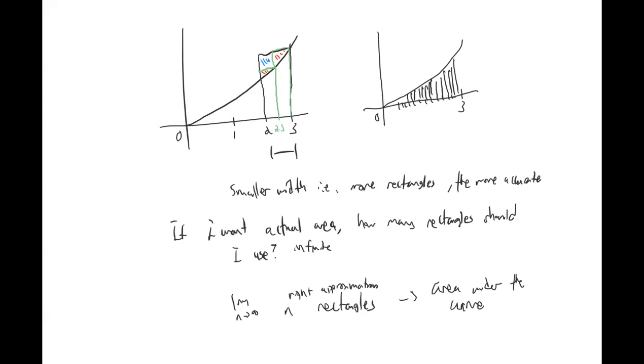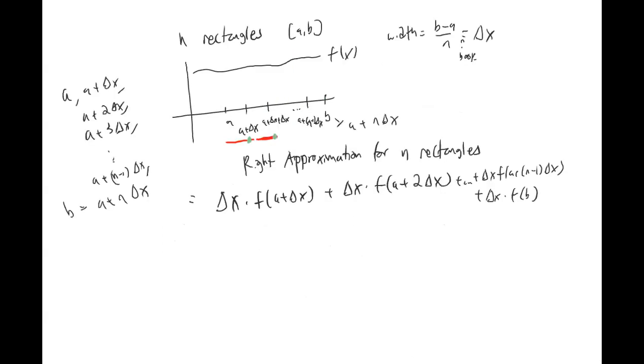We take the limit as n goes to infinity. But we had a formula for that. This was the right approximation for n rectangles, right? If I just call the whole thing in brackets star, then the area under the curve of f of x is given by the limit as n goes to infinity of star. Everyone clear so far?